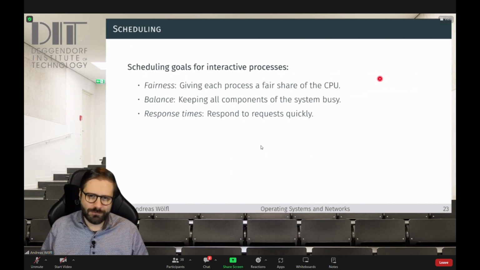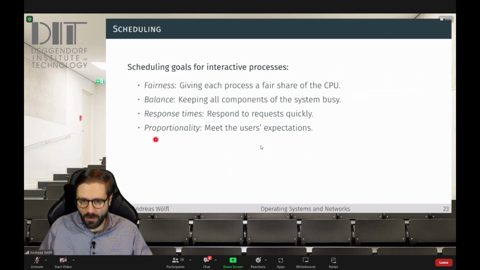Users are not patient by default, and users have expectations that we need to meet. These expectations are under the goal of proportionality. So users want to have quick responses, and users want their expectations to be met.